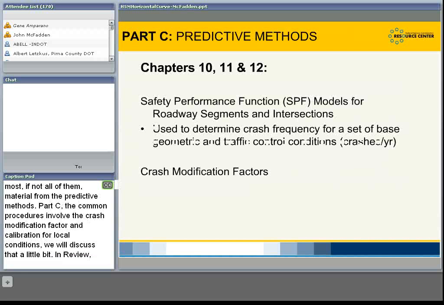On a project level, it allows you to assess the impact of different designs on a specific project from the perspective of safety. And finally, the Highway Safety Manual and crash prediction evaluation allows you to defend your decisions based purely on the expected safety performance of the design that was selected.